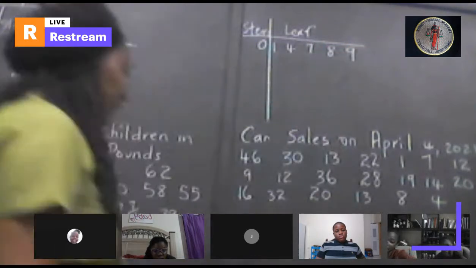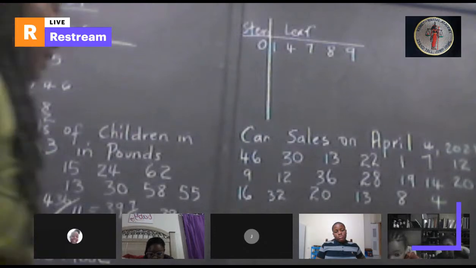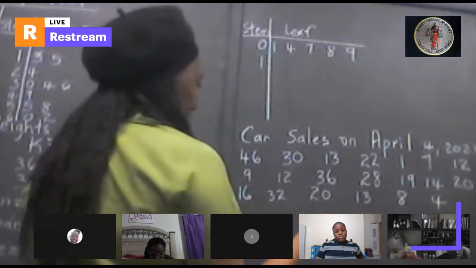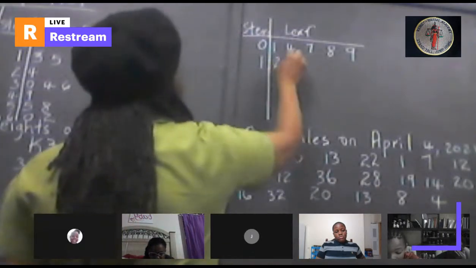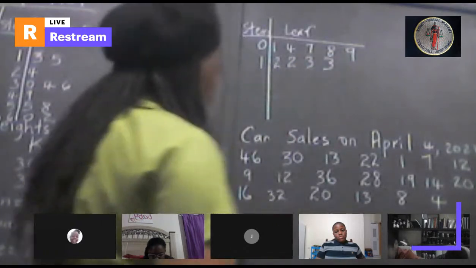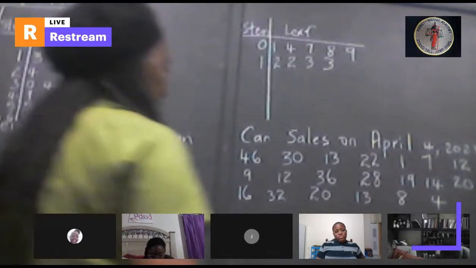Those are our single digit numbers. In the teens, we have 2 12s, 2 13s, and a 14, 16, and 19.